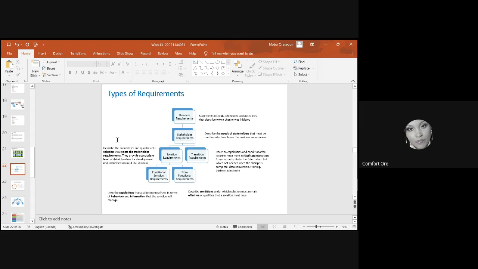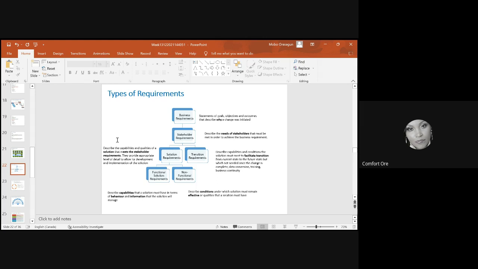You need to define what the gap is. So how do I get from point A to point B? Eventually, that's when you can come to a conclusion that, okay, this is what I am preferring. So that's how we do it.